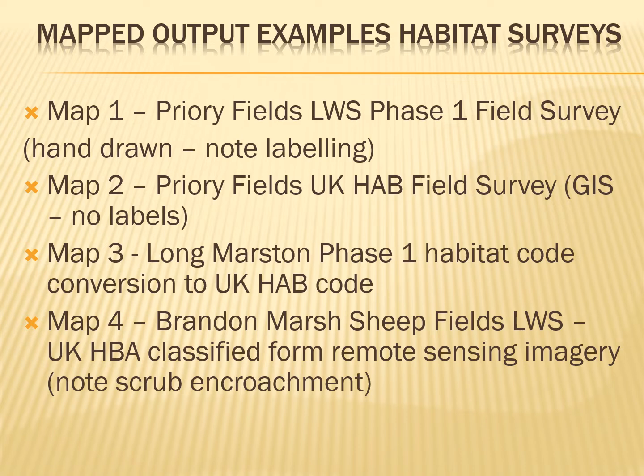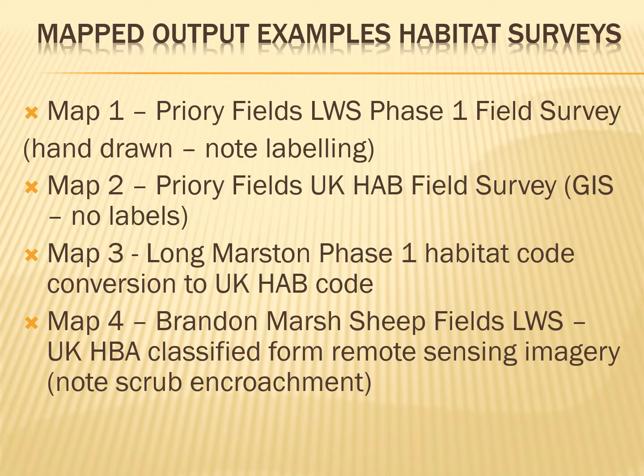Here are some examples of map work that I've done using the UK Habitat Code. The first example is Priory Fields Local Wildlife Site. It's a phase 1 field survey, hand drawn, and note the labelling. Map 2 is an example of Priory Fields, again a local wildlife site, but this time using the UK Habitat field survey, mapped from a GIS system with no labels.